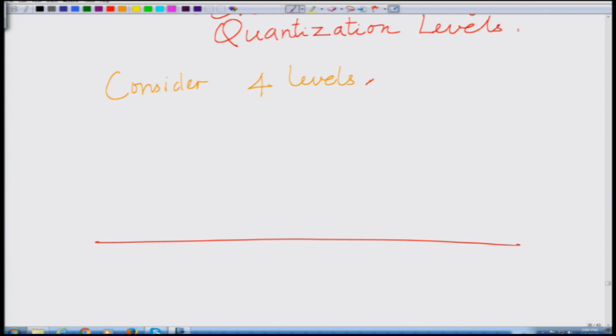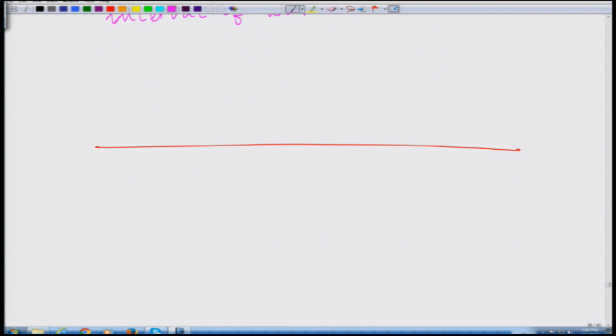Let us write that quantization interval of width delta. So, therefore, we will have 4 quantization intervals each of width delta.